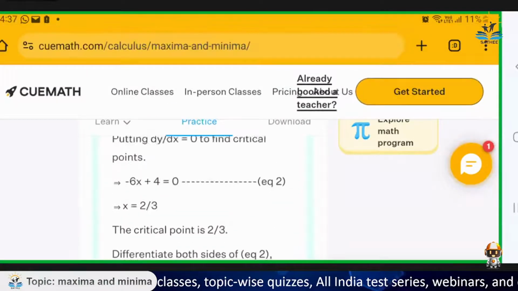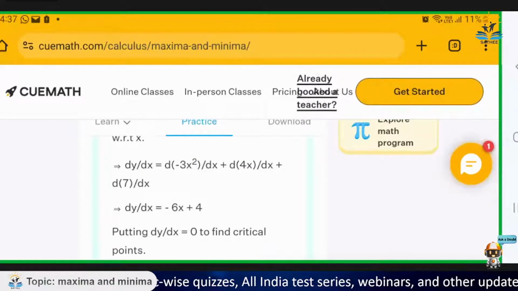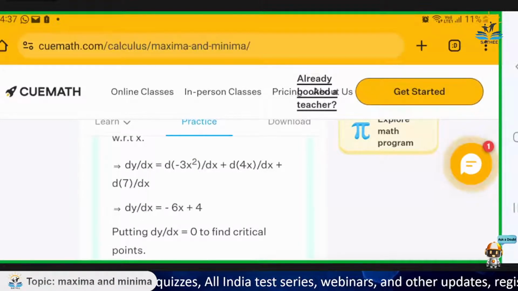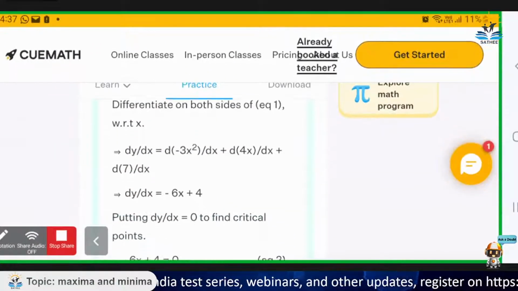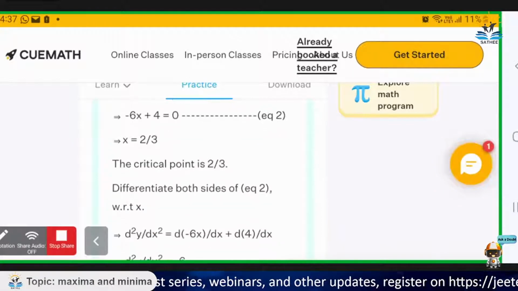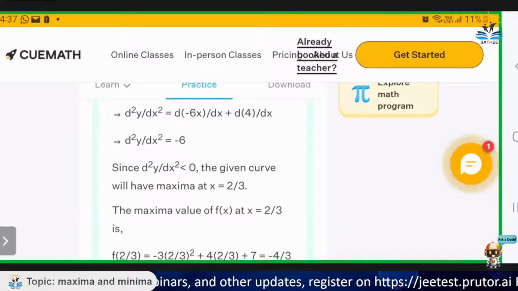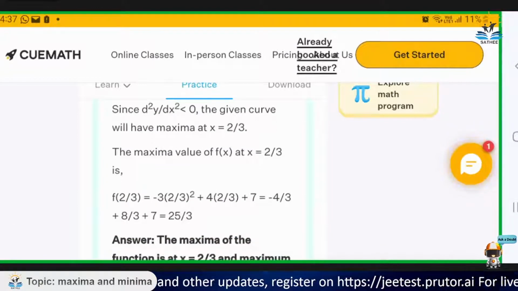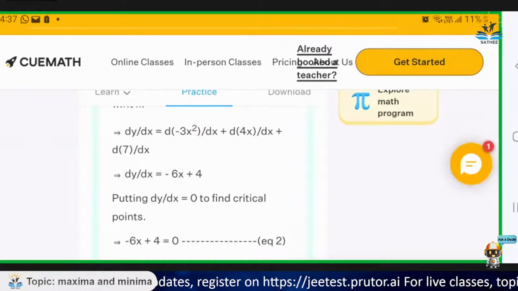Now let us differentiate it one more time to know whether this is a point of absolute maxima or absolute minima. Since we know that this is a point of absolute maxima, we can also check it once more. Differentiate it once more and we get minus 6.